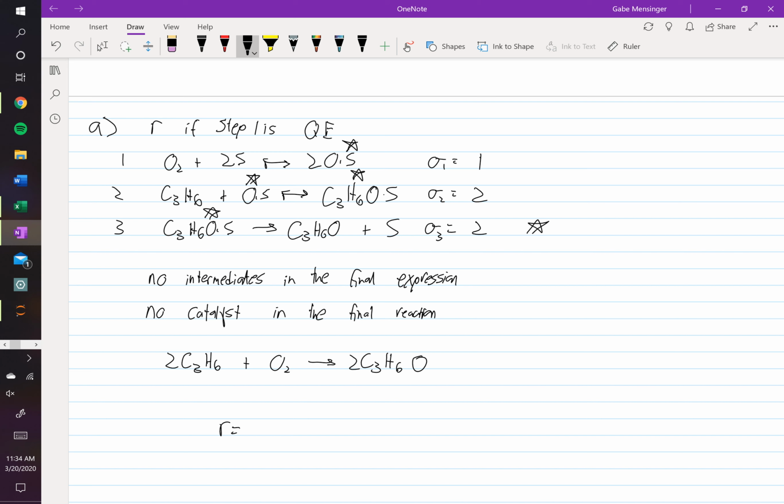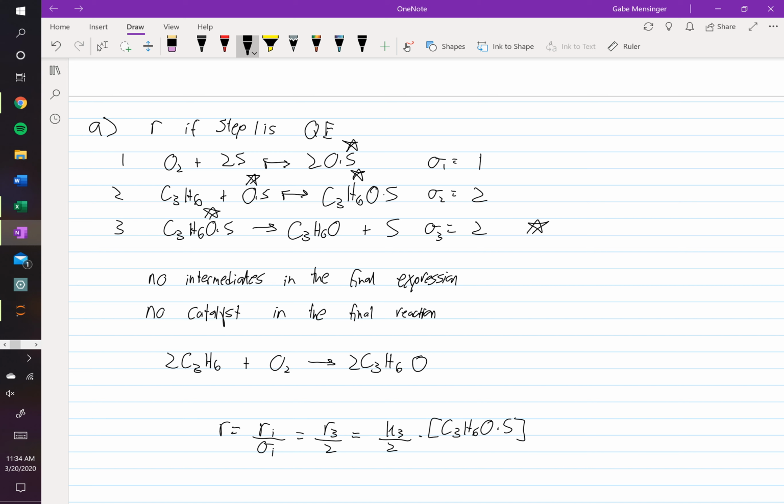So we can write this, and remember that the overall rate, R, is equal to Ri over sigma i. So we've got R3 over 2, which is going to be equal to K3 over 2 times the concentration of C3H6OS.